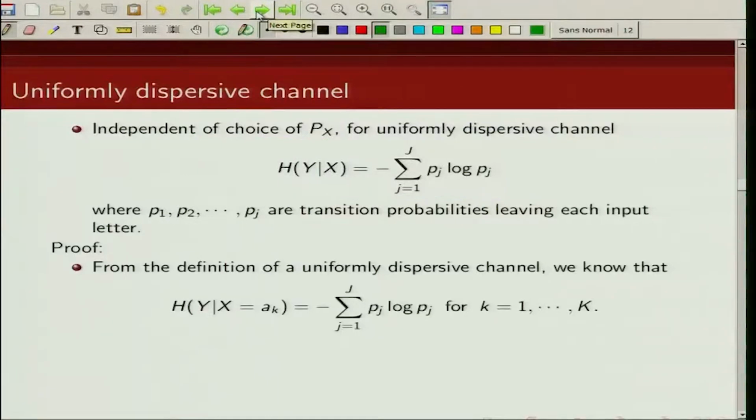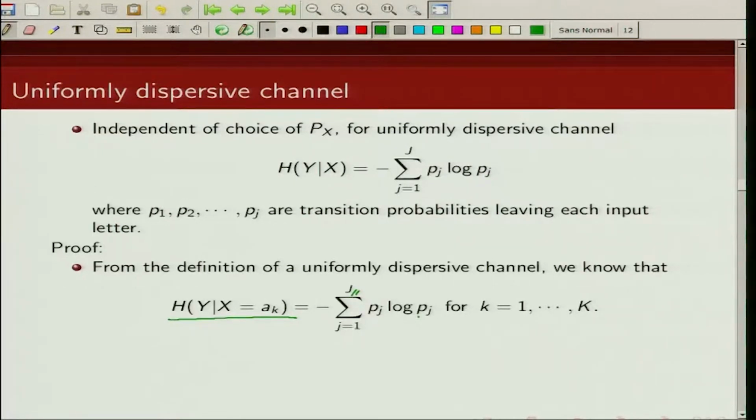So let us prove this property. From the definition of conditional entropy of y given a particular instance of x, ak, this can be written as minus the summation over all possible transitions pj log pj.